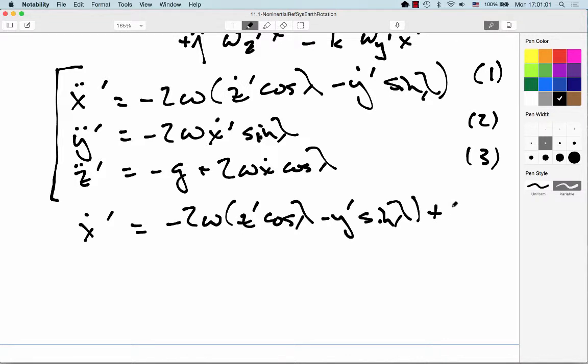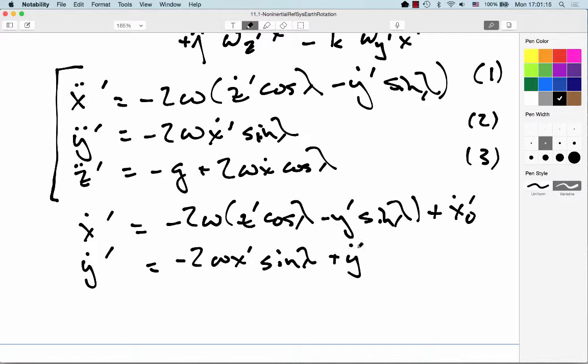Plus, we have to add in the initial condition. Similarly, y prime dot will be minus 2 omega x prime sine lambda plus the initial condition.